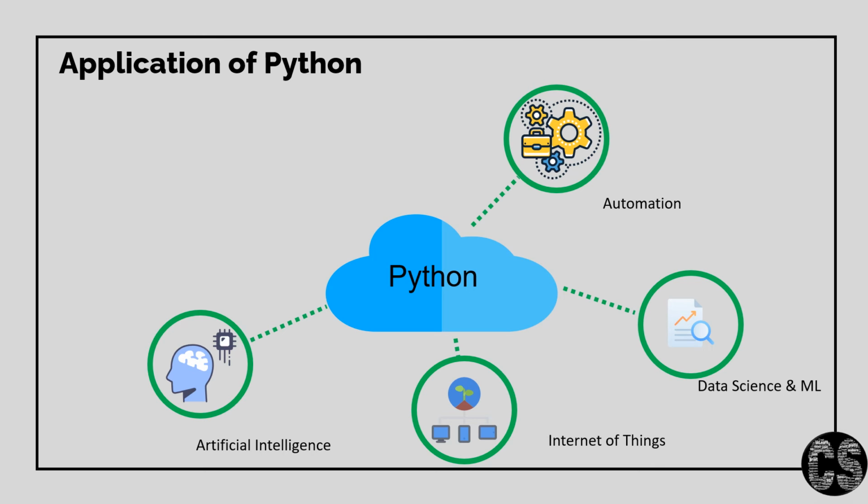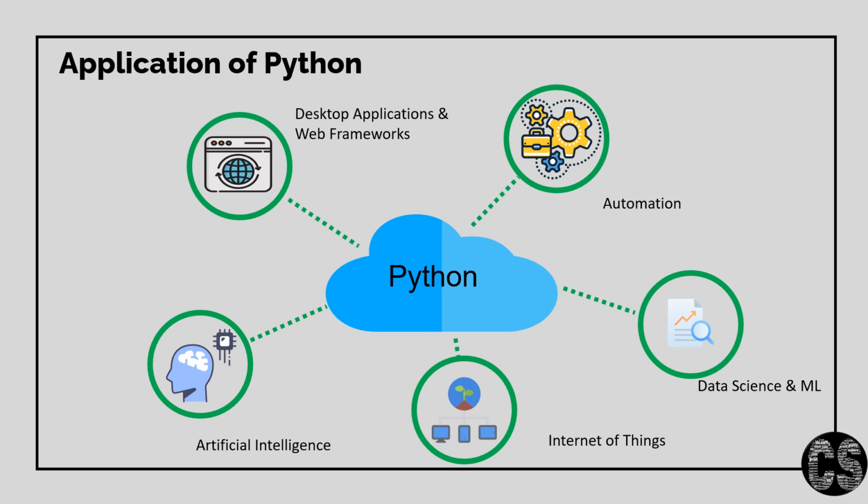The libraries we have already talked about, and the vast community support, provide very faster programming tools that can help in developing artificial intelligence in machines. There are CNNs, RNNs, and neural networks and convolutional networks that we'll be talking about in this course. So Python comes in handy in that. And when it comes to desktop applications and web frameworks, developing websites and all, Python has the answer for it.